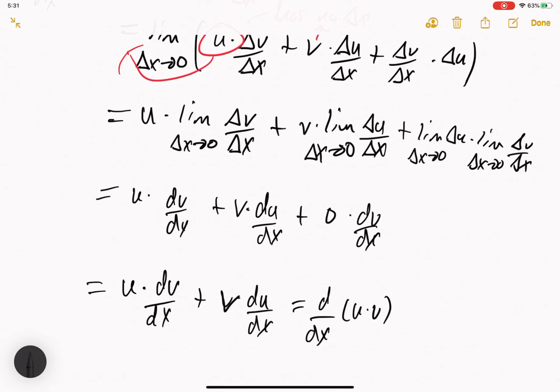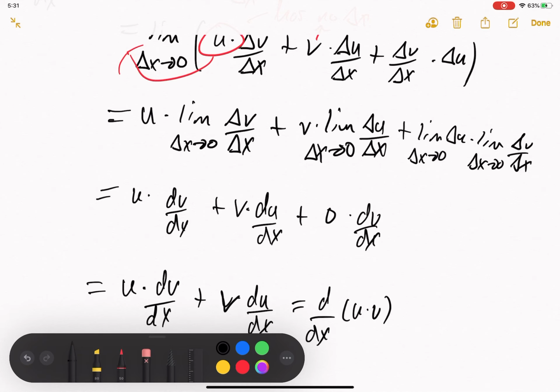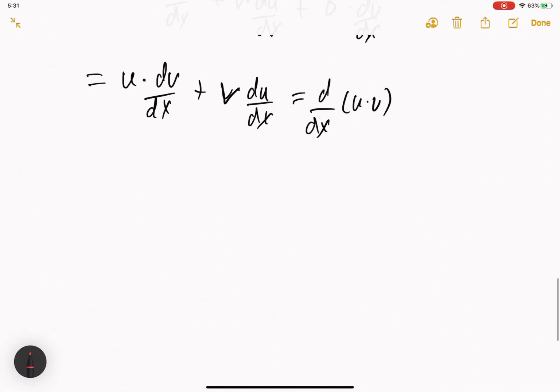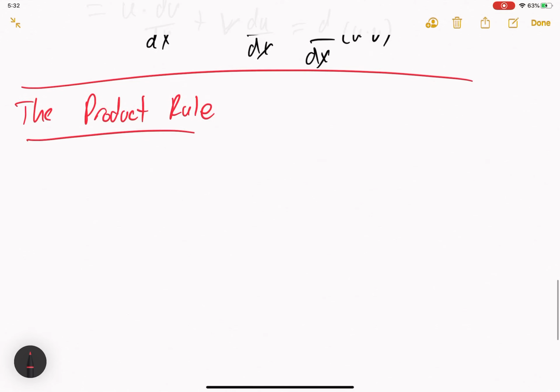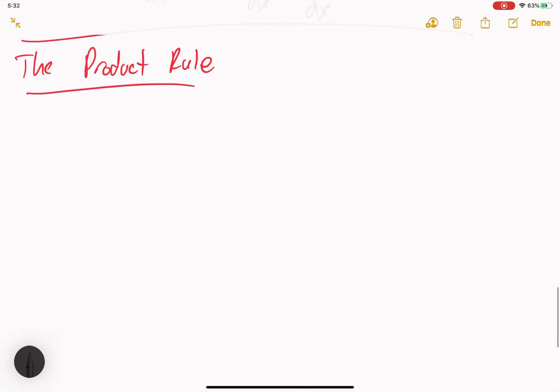So let me put it in terms of functions again, because we like to talk about functions specifically when we talk about derivatives. When we first talk about rules, we need some general cases to work with.